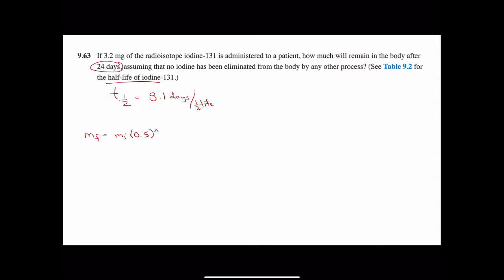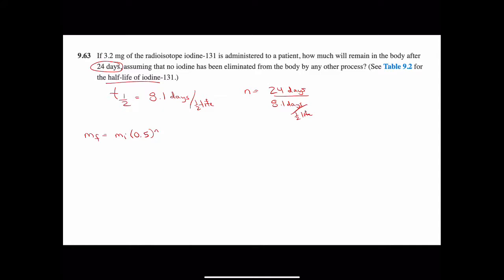And this radioisotope is in the body for 24 days, and I need to figure out how many half-lives this is. In order to determine that, my number of half-lives is going to be equal to the total amount of time in days, 24 days, divided by the conversion factor. I will use my half-life for that: 8.1 days per half-life.